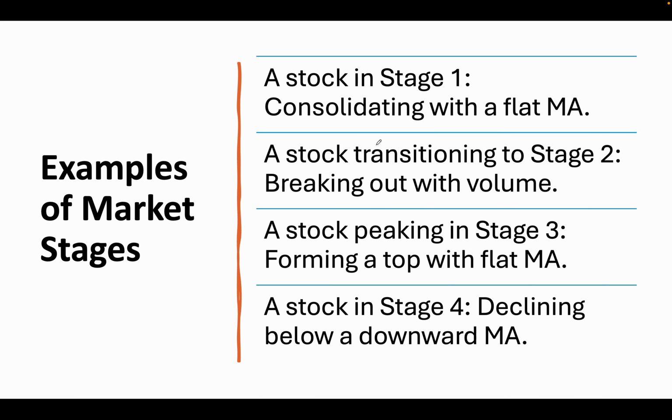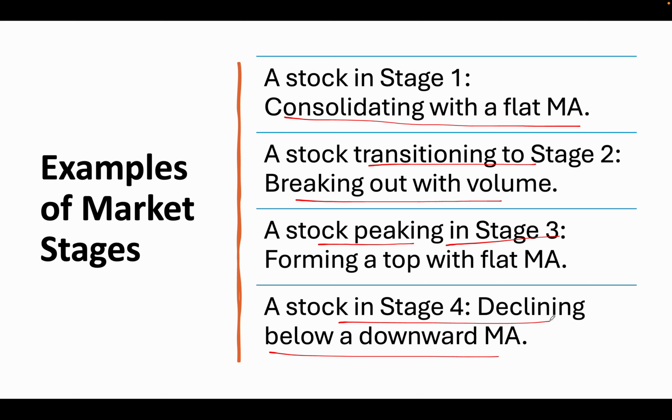Okay, so stock in stage 1 consolidating with flat moving average, stock transitioning from stage 1 to stage 2, breaking out with volume, peaking or the topping stage 3, and stage 4, declining stage below the moving average.